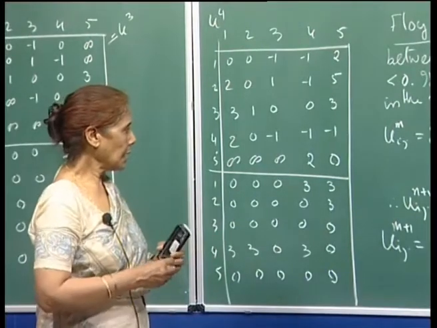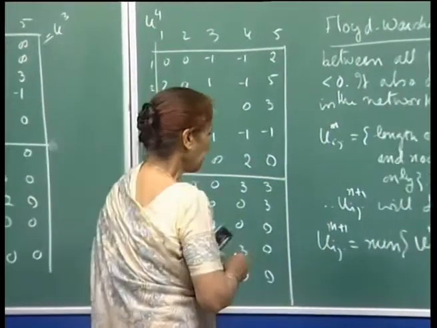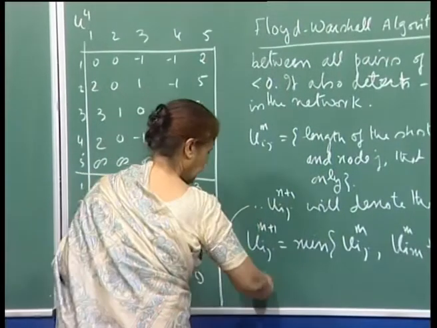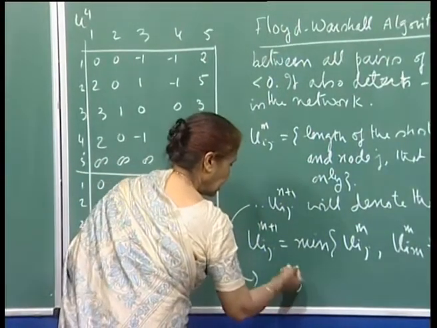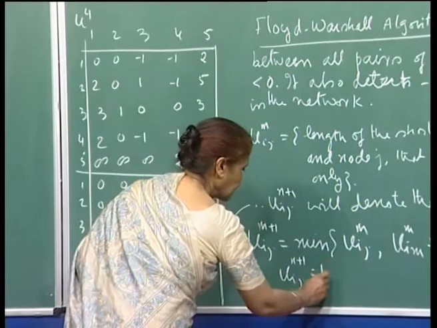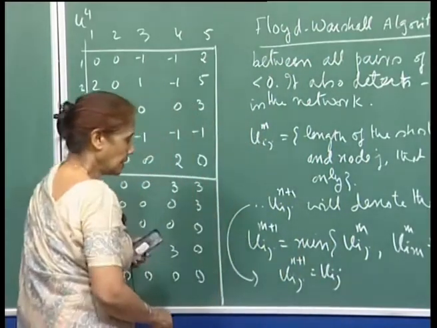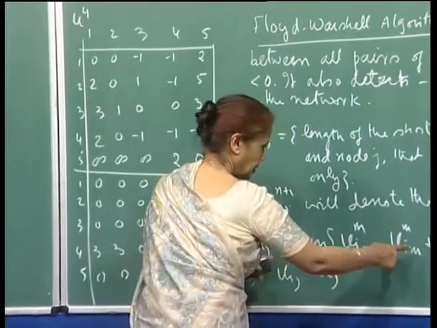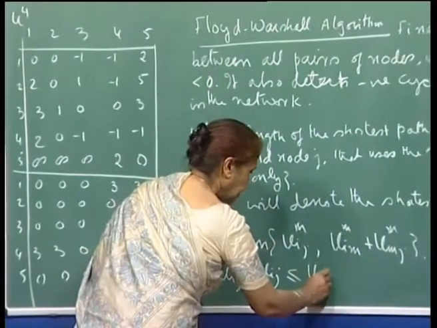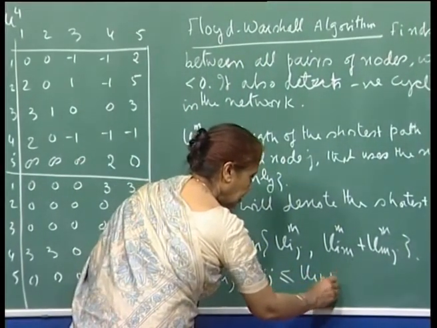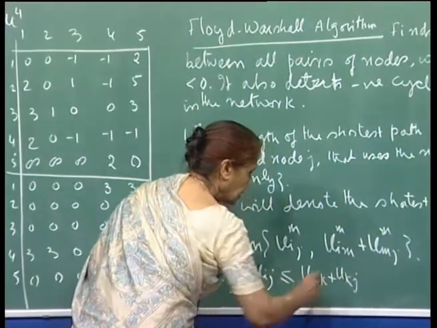So, this is the thing. Once you say that this is this, you can say that Uij(n plus 1) you can now write as Uij, and you see that this will always satisfy uik plus ukj.